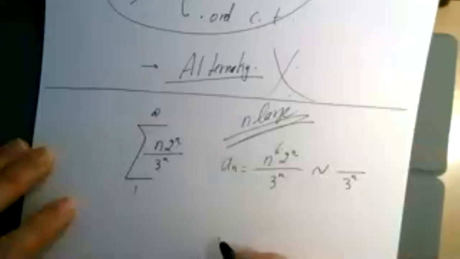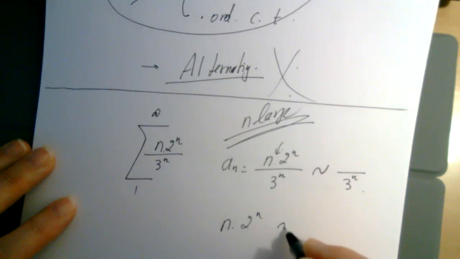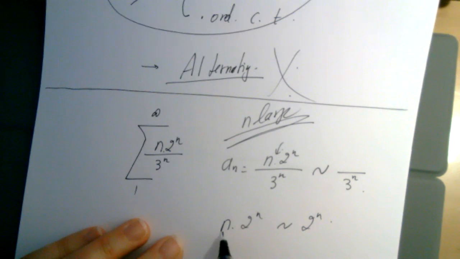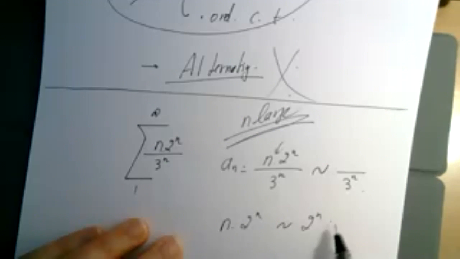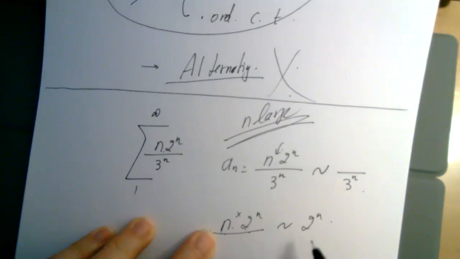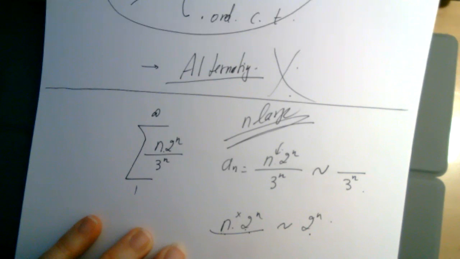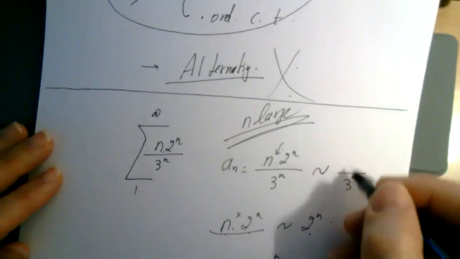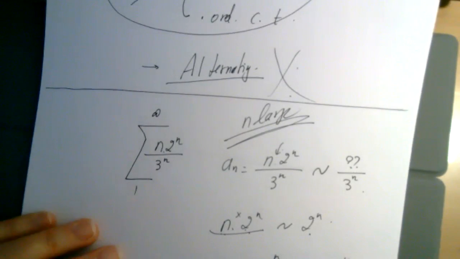When n is large, n times 2 to the n is not close to 2 to the n, because if n is a million, you're multiplying 2 to the n by a million. Versus if you have n plus 2 to the n, this could be comparable. But when you multiply, you take 2 to the n and multiply it by a million. So this will be a question mark. I cannot use the limit comparison.